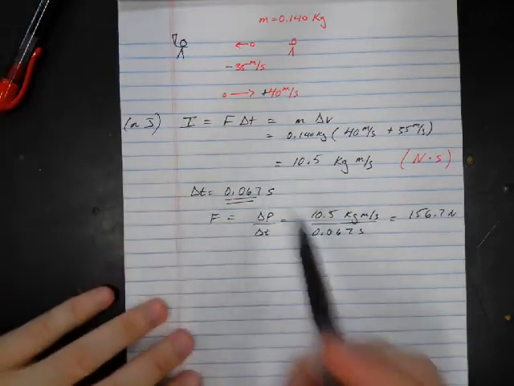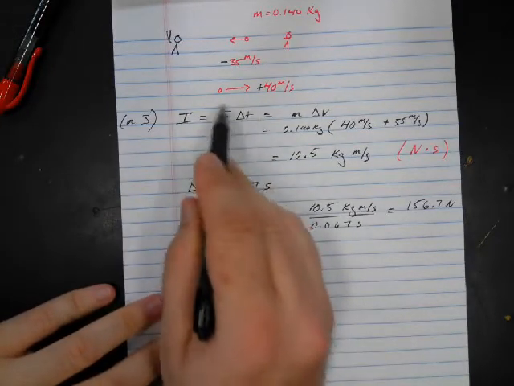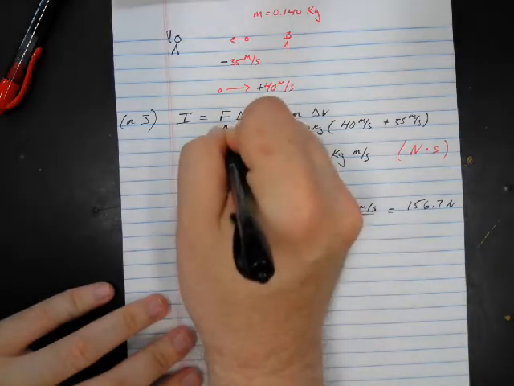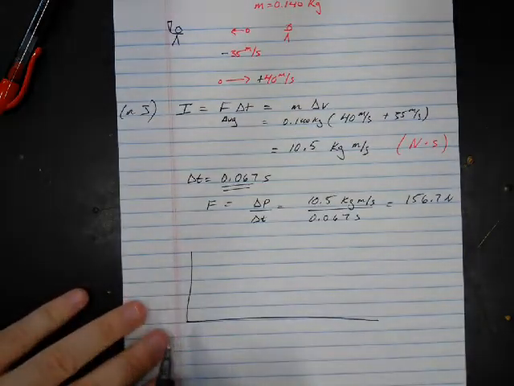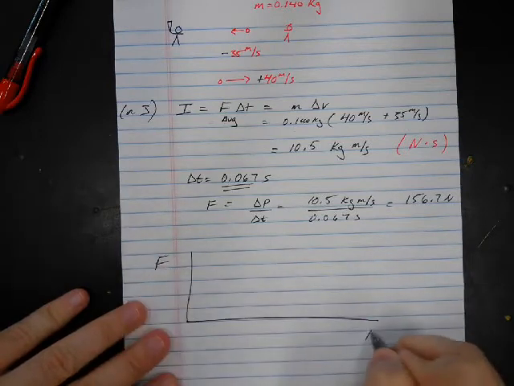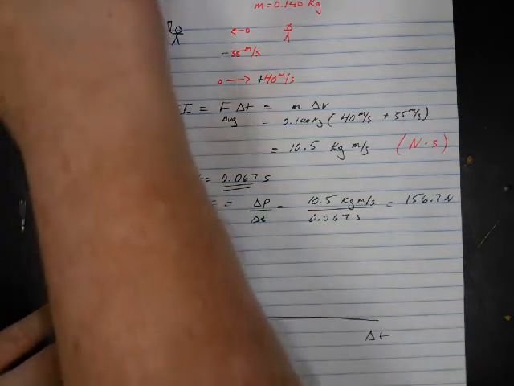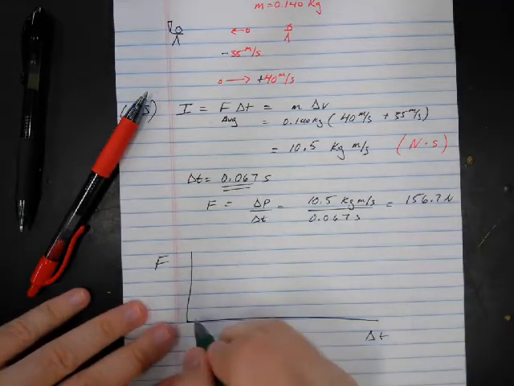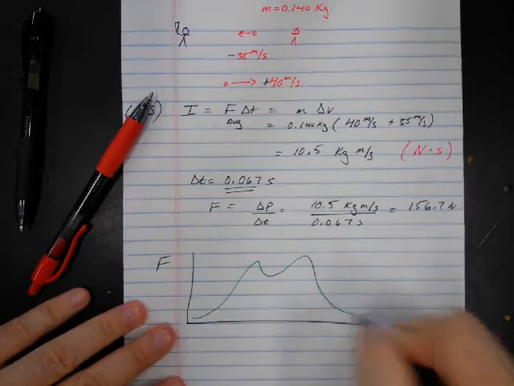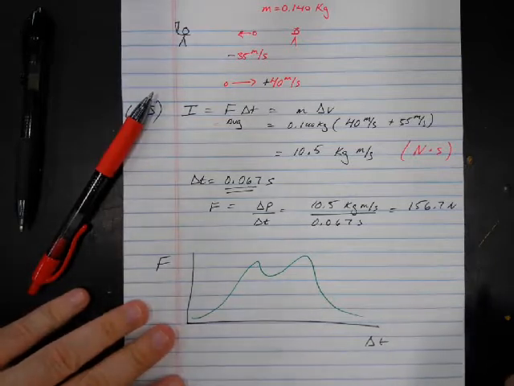Now, I do want to say that this is an average. Right? If we plot F and delta T, and we can put in kind of a weird shape here, right? Like say that's our force profile, right?